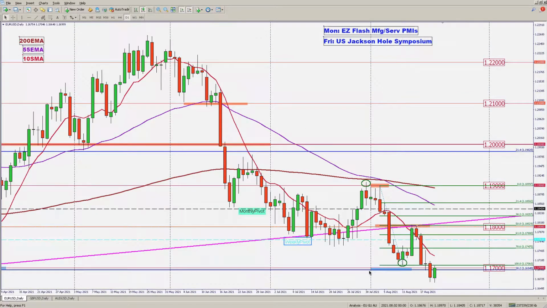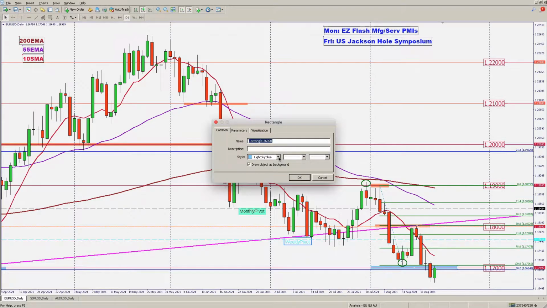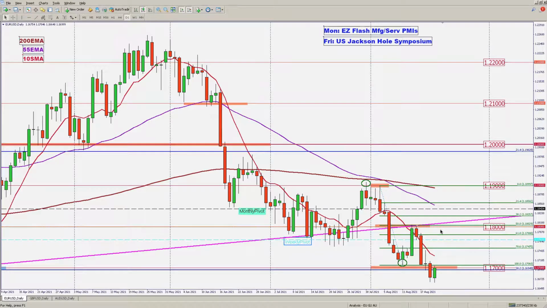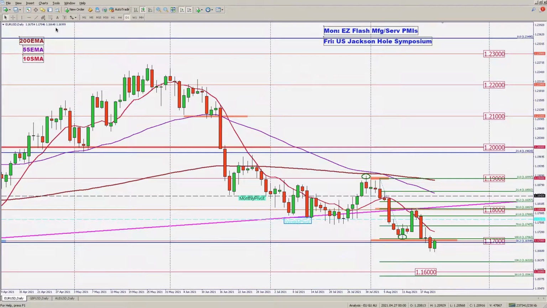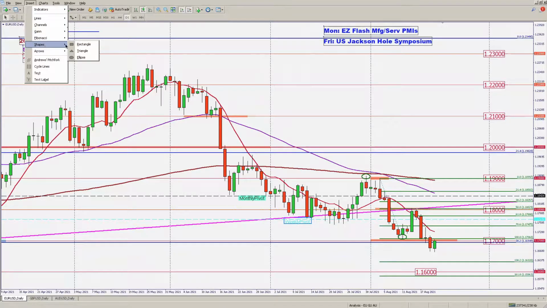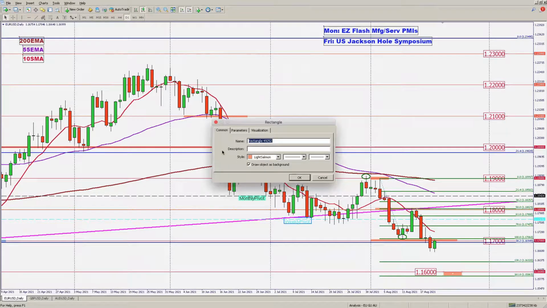For the immediate term, let's shape this now as a resistance zone where it fell from. All right, then this was going to be our support zone here, just below the 116 and with the 162 fib extension.